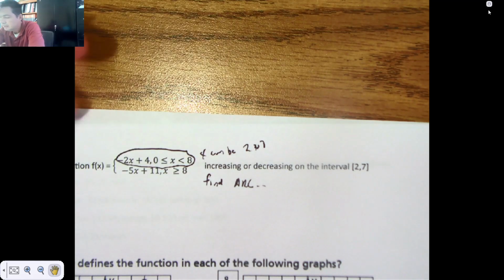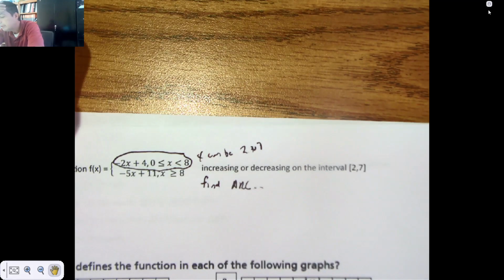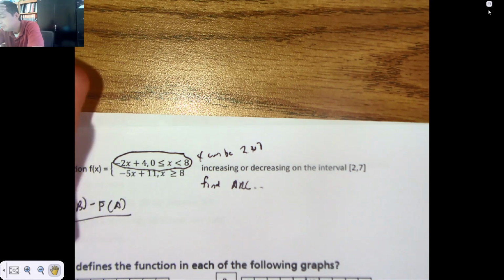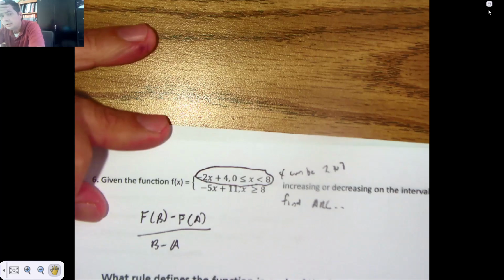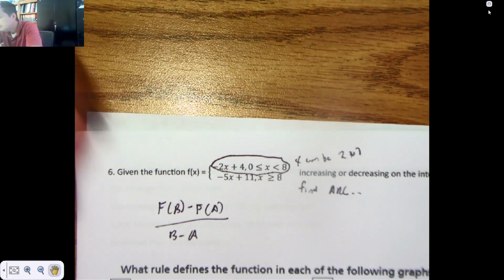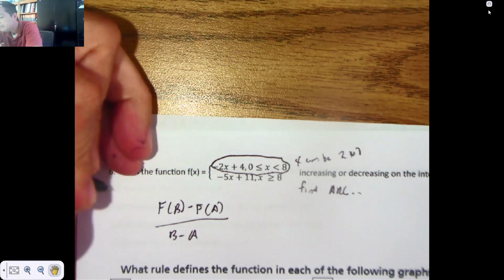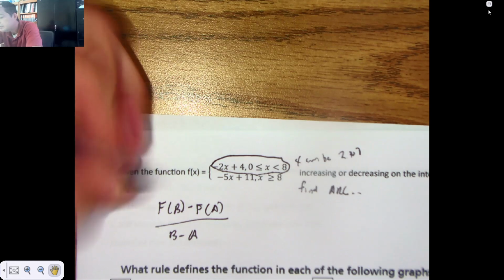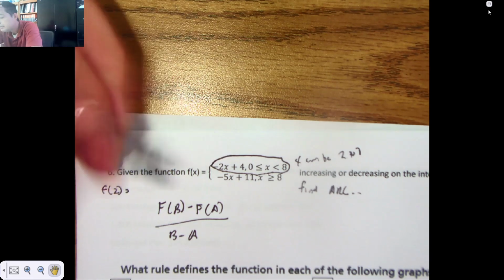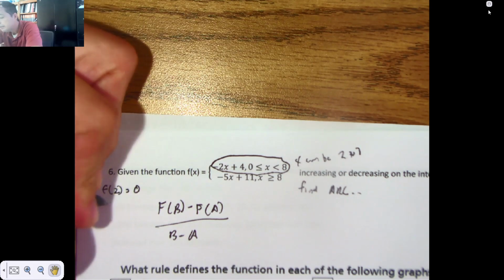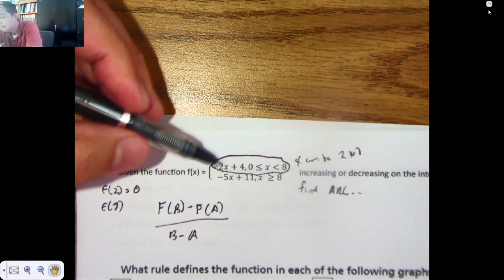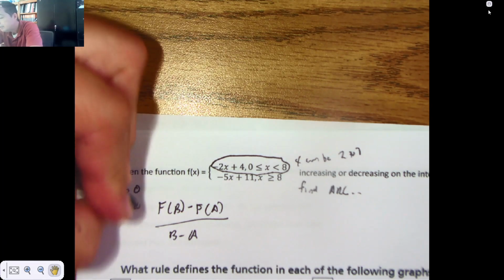All right. So I'm going to use my little formula for average rate of change, f of b minus f of a, sitting pretty over b minus a, and I'm going to go to town on it. The interval is 2 to 7, so I find f of 2, which means I let x be 2, and that would return a 0. I also need to find f of 7. If I plug in a 7, that's going to be negative 10.